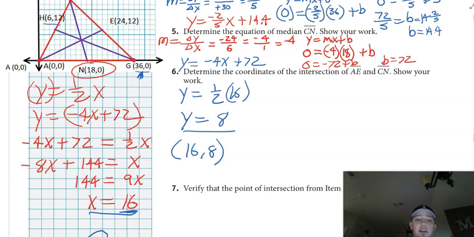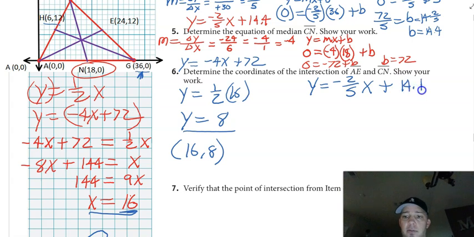Once we've found the intersection, we can verify that that point is also on the other equation. So although this is an ugly equation, I should be able to plug in these two coordinates and make sure that they work. So y equals -2/5 x plus 14.4. Or you could use 72/5, whatever you wanted to use for your y value.